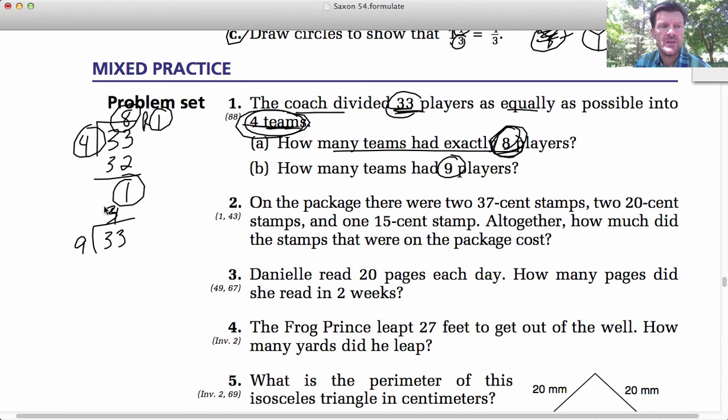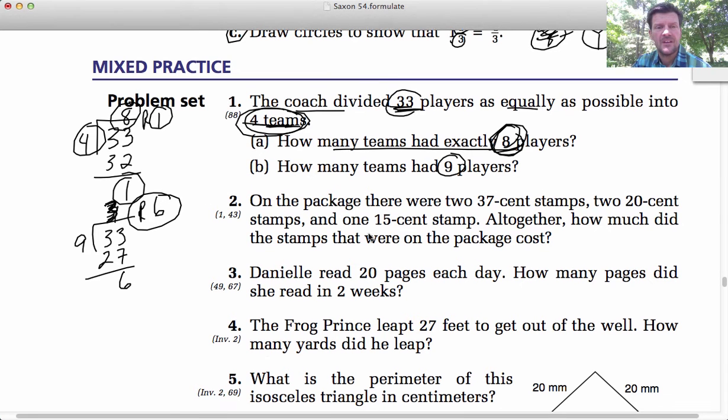So we're going to go to 3. So 3 times 9 is your 27. 33 minus 27 is going to give you 6. You have 6 players left over that are not going to be on a team if you have 9 each. So you're going to have 3 teams that each have 9, but you've got 6 players that are left over. So that would be something to consider as you're making up your teams.